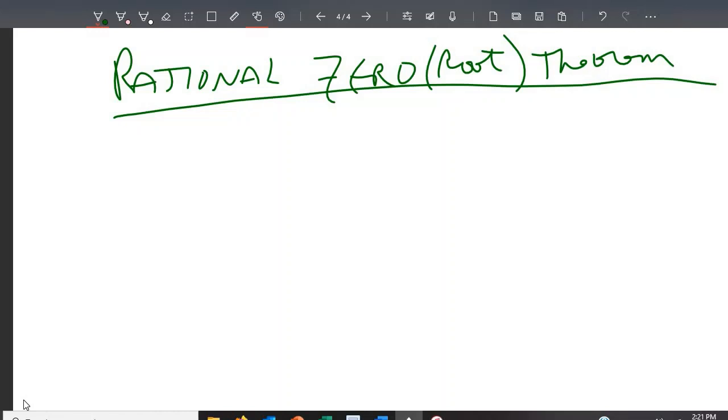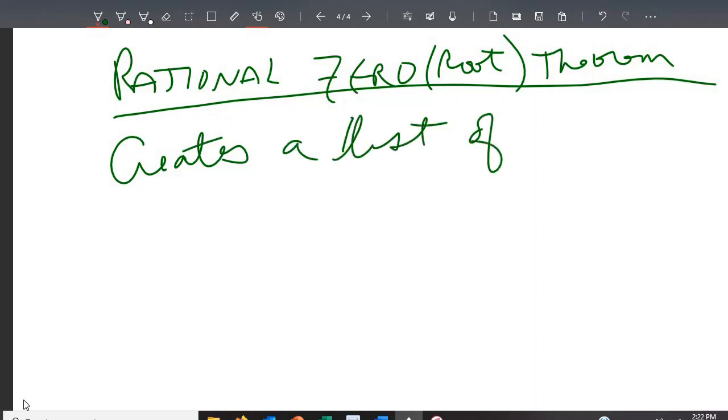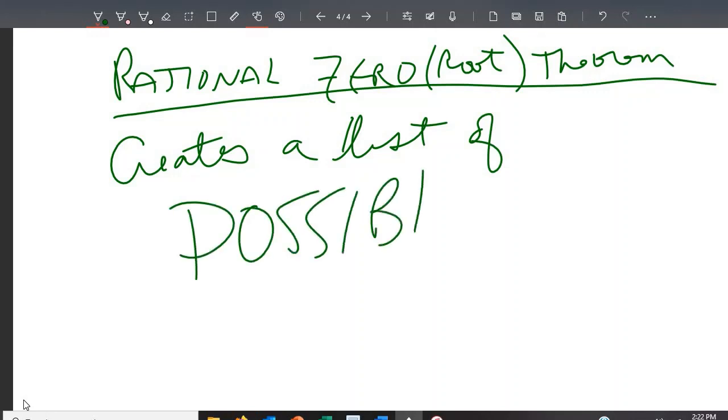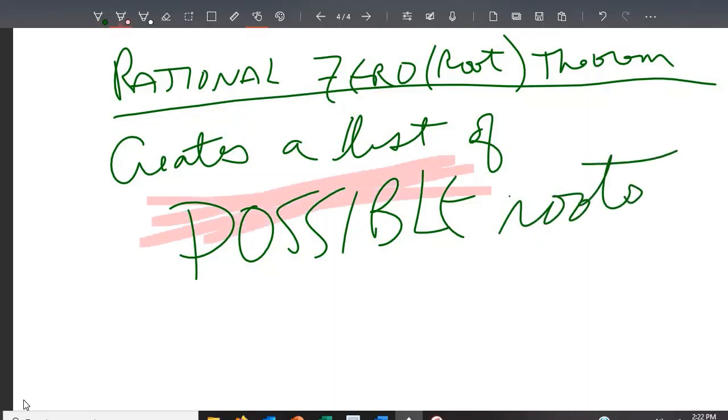What the rational root theorem does is it creates a list of possible roots. And highlight that word possible. That doesn't mean they are roots. It means this could be.